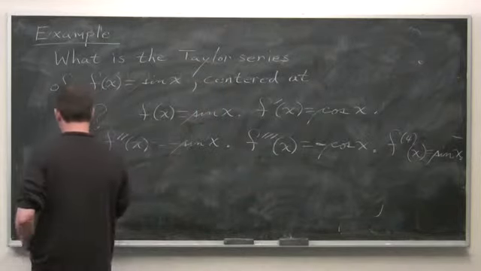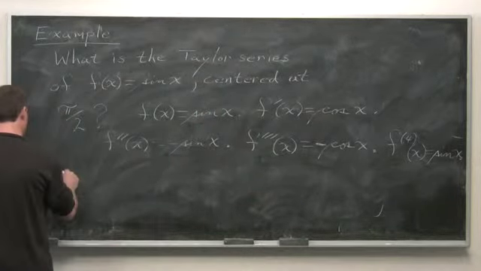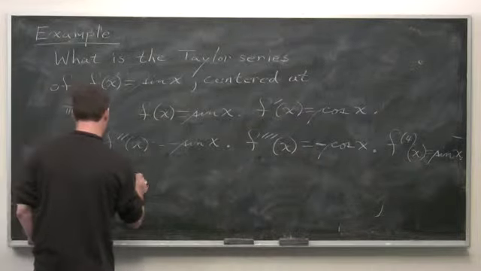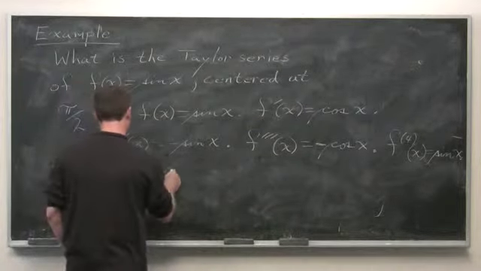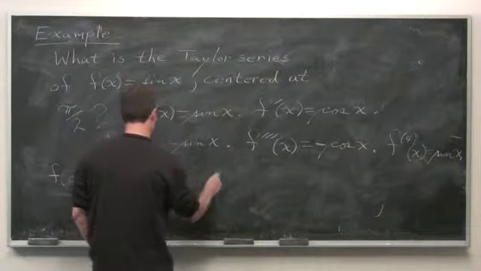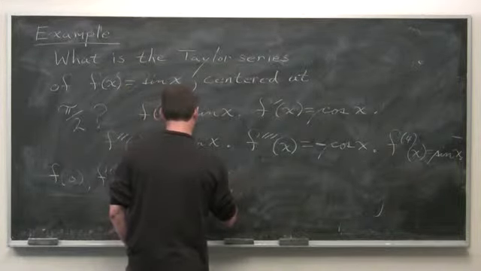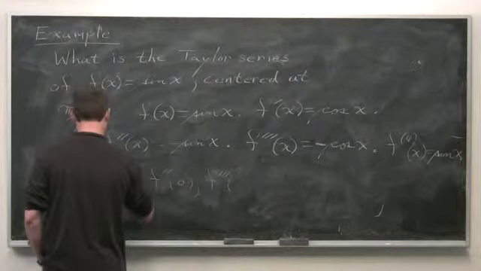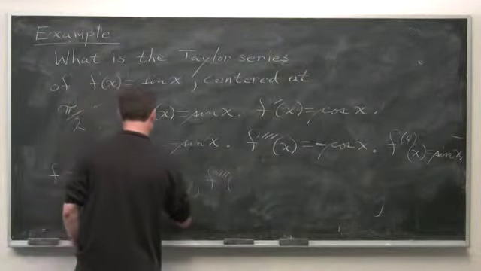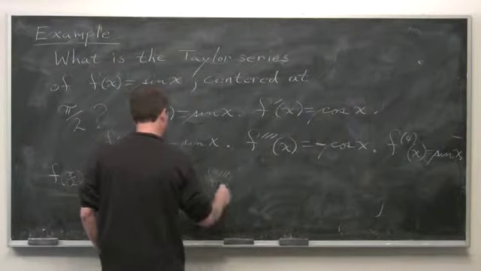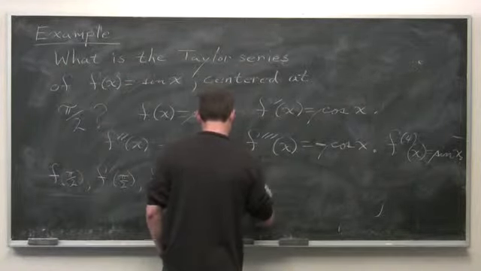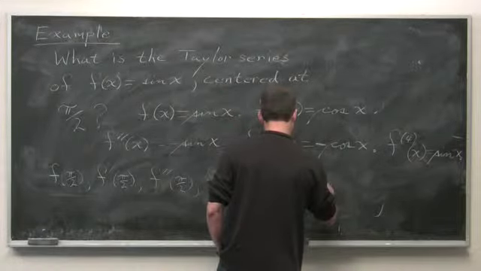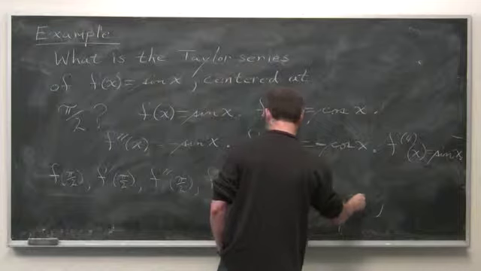So our coefficients, if you look at f at pi over 2, f prime at pi over 2, I'm not dividing by the factorials yet, f double prime at pi over 2, f triple prime at pi over 2, fourth derivative of f at pi over 2, well, what do you get?